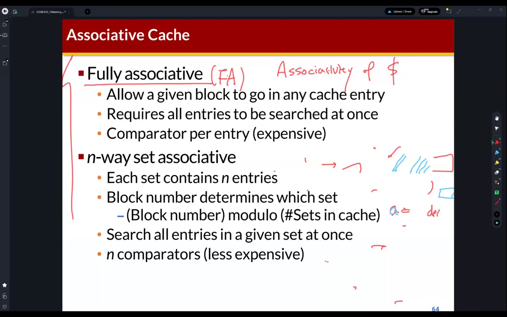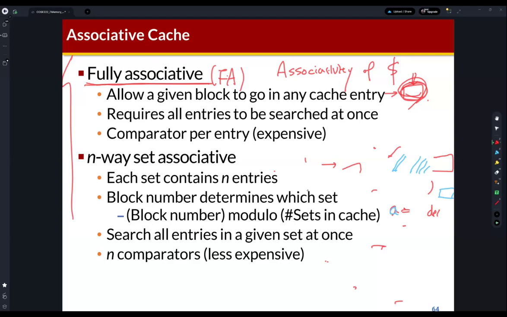So what is the cache index? Using this cache index, we can locate the address of a cache entry. But the fully associative cache does not utilize indexes in the address field.